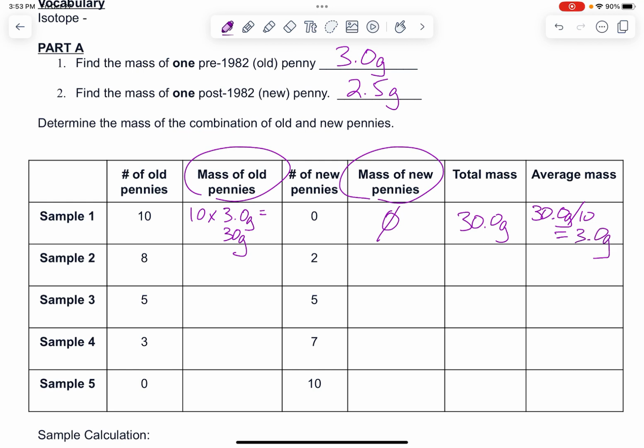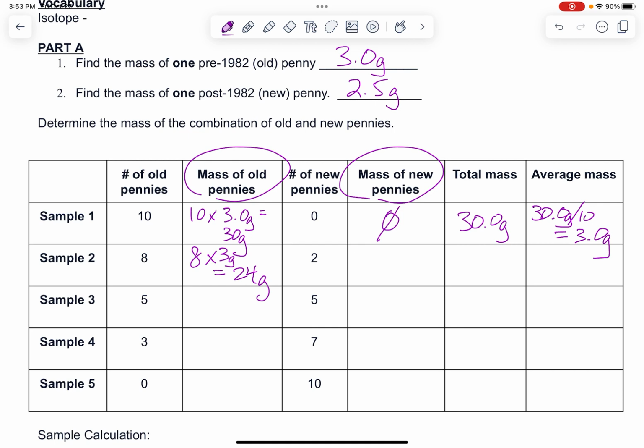Now, when we have a mixture of pennies, like we will for samples 2, 3, and 4, it gets a little bit more complicated, but not too much. It's the same idea. In sample 2, if we have 8 old pennies, we take 8 times the 3 grams, and that's going to equal 24 grams.